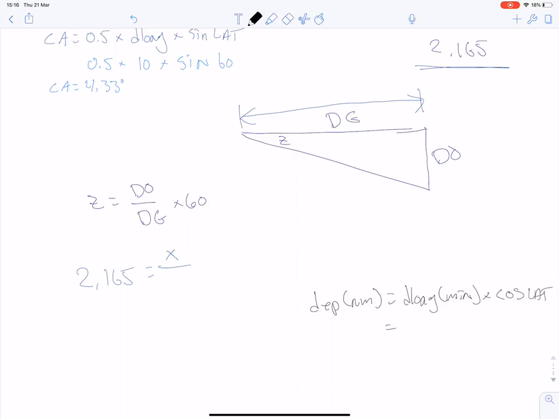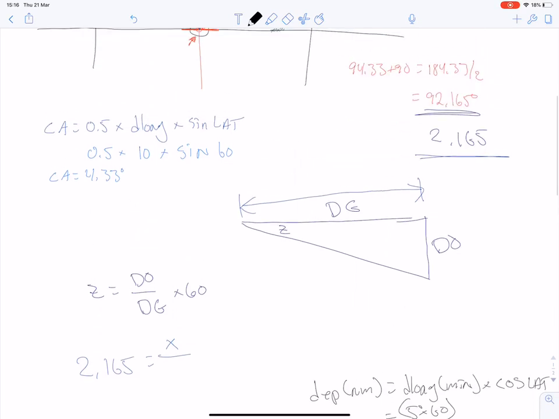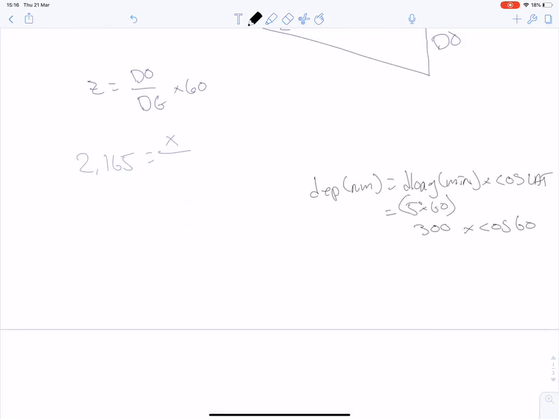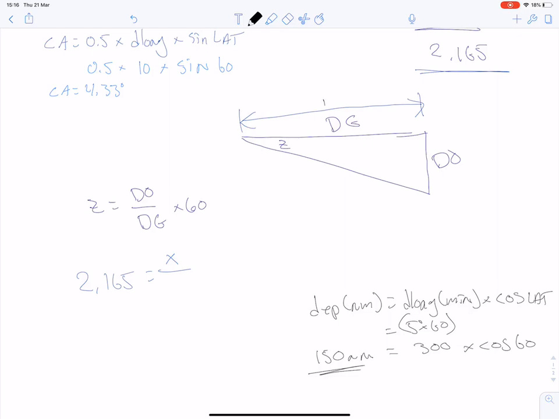So d long in minutes is 5 times 60 to get the degrees into minutes, or 300 minutes, multiplied by cos of 60, since it's on latitude 60. It's departure 150 nautical miles. So that gives us 150 nautical miles here. So we have therefore the distance gone 150 multiplied by 60.